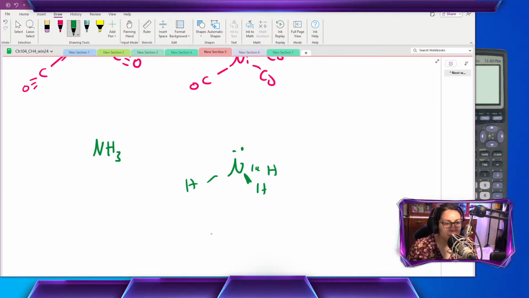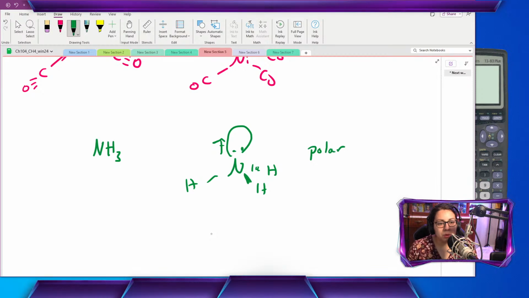It looks something like this. This is an interesting one. In this case, all these bonds are relatively nonpolar, but we have this lone pair. This lone pair is an area of high electron density, and so this has a dipole moment towards those electrons. So ammonia is polar.